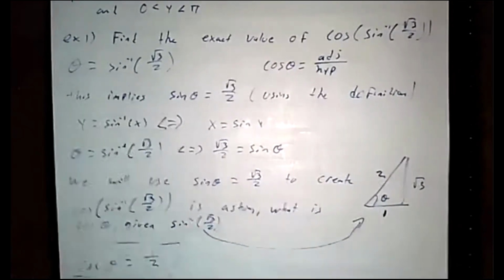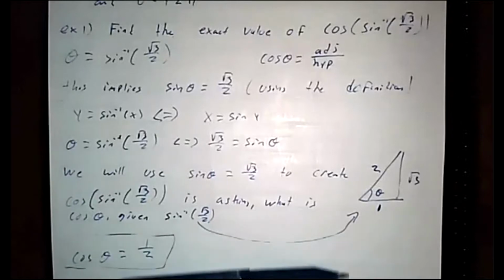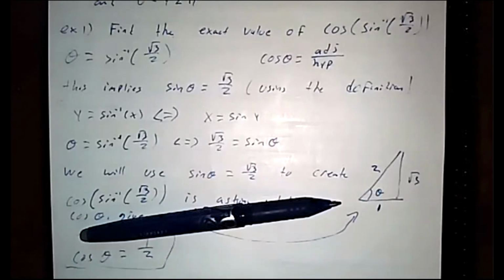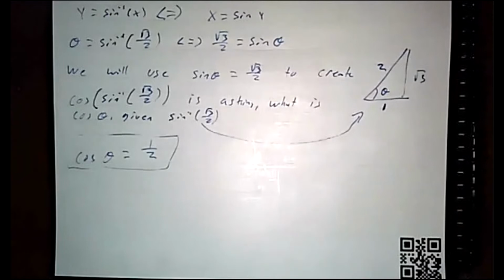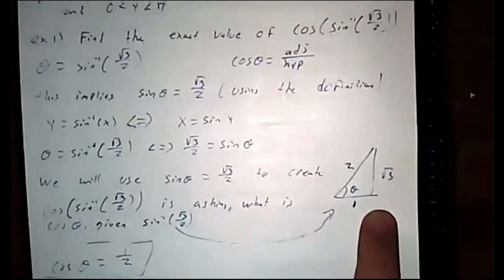What is cosine? It's 1/2. So when you use the definition of sine for the inside part, then build the triangle and find the cosine. That's all you've got to do.